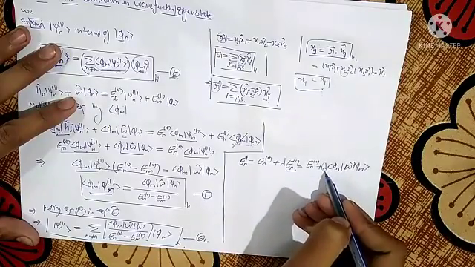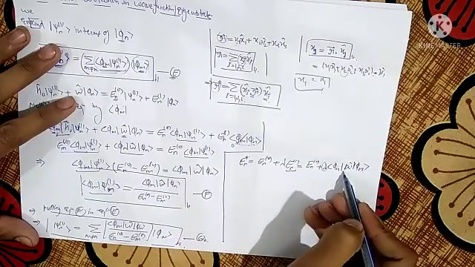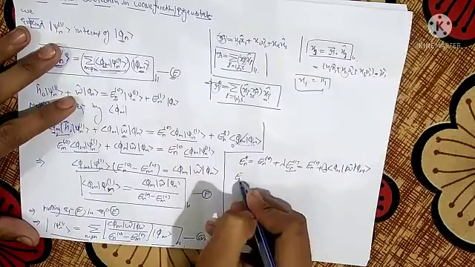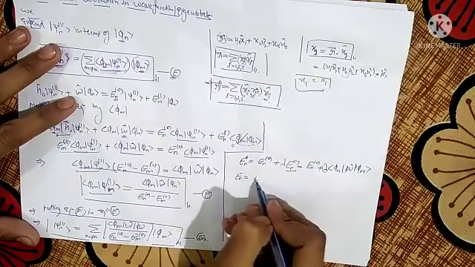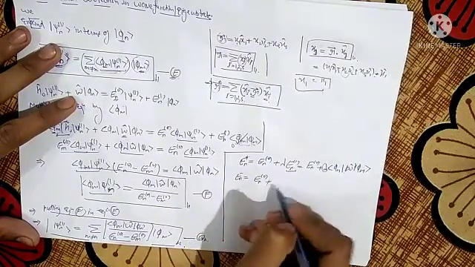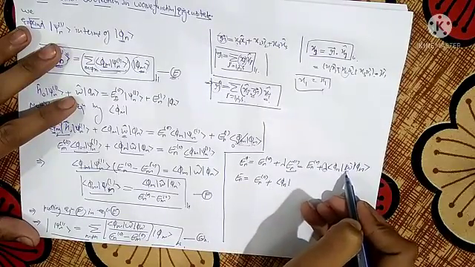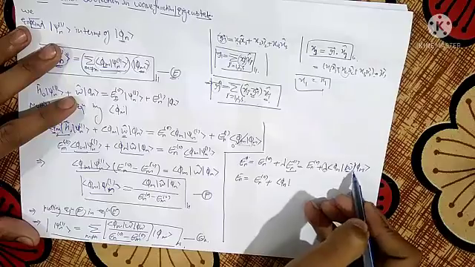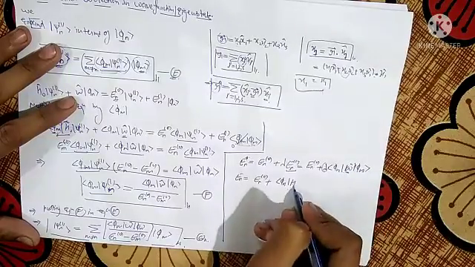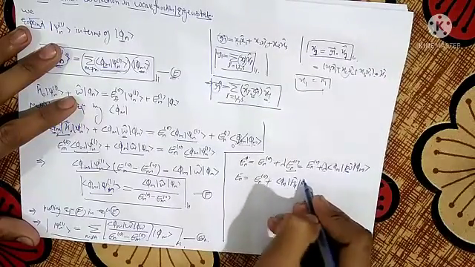Because lambda is a scalar quantity, it can be taken inside the product, and the energy of the system up to first order will be phi n, and when lambda multiplies with this W, lambda into W is Hp. In the first lecture we have assumed it.